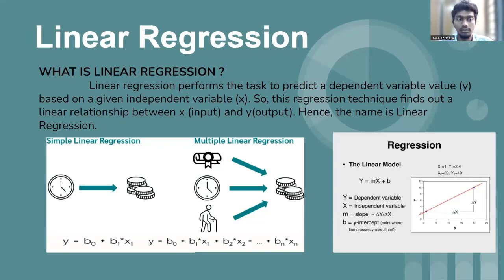So this is called simple linear regression. Multiple linear regression has different factors like his graduation and his working experience. It has more independent variables which influence the dependent variable.